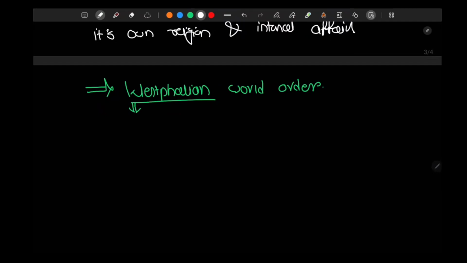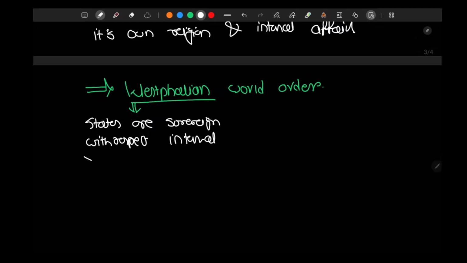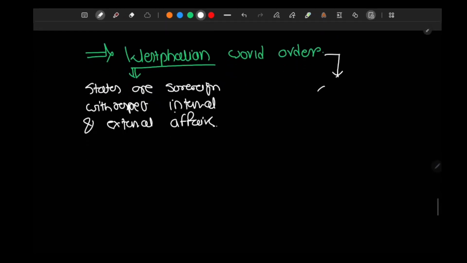Westphalian means that states are sovereign with respect to internal and external affairs. When states are sovereign with respect to internal and external affairs, how such states will interact with each other is the Westphalian world order. This is a state-centric world order.